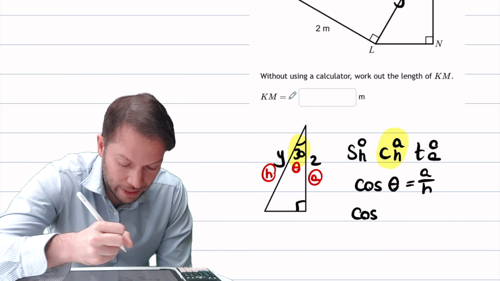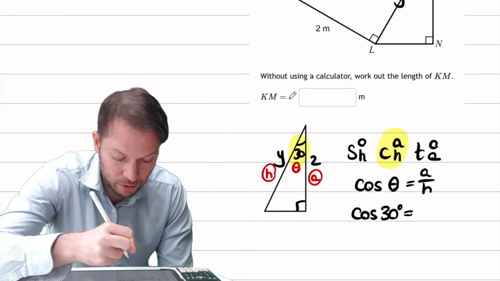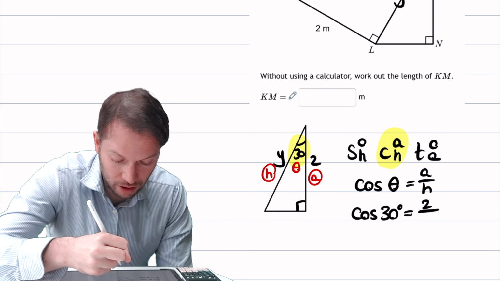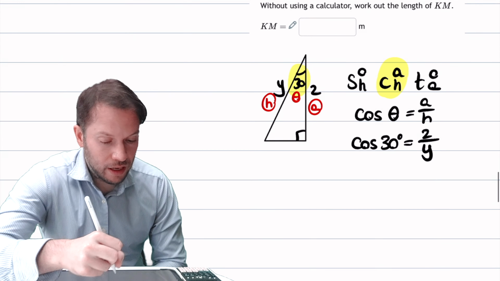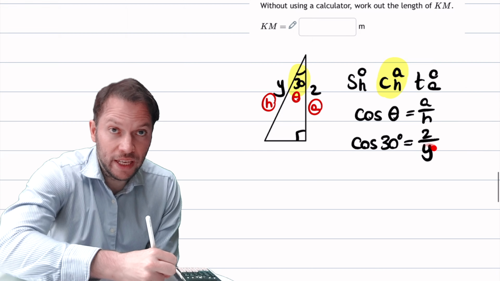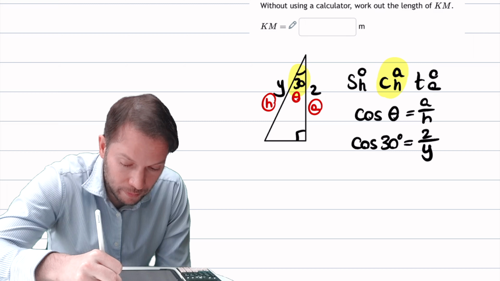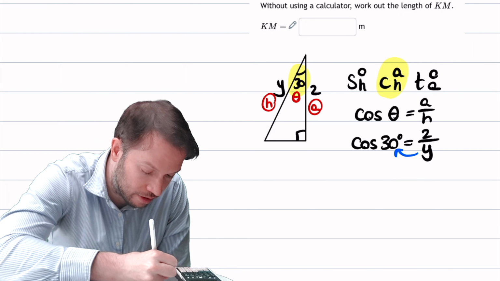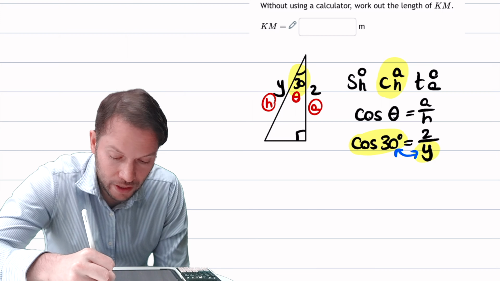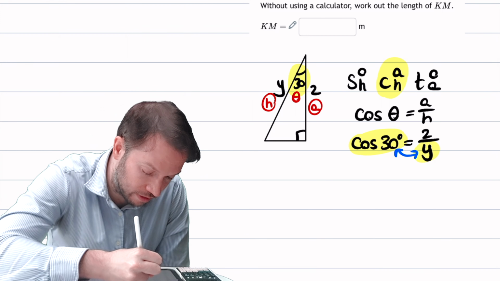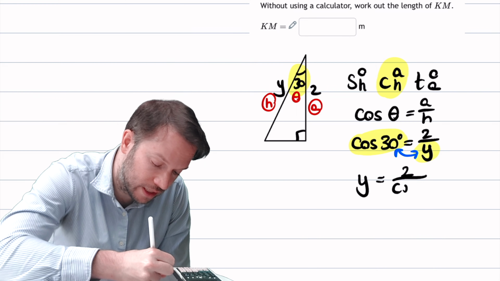Cos of the angle of interest, which is 30 degrees, is equal to A, which is 2, over H, which is y. And then because the variable's in the denominator here, remember the quick way of dealing with this is that you can swap the thing in the denominator and the result of that division. So you can swap this and this. I explain in other videos why that works, so it's not just magic. So y is equal to 2 over cos 30.